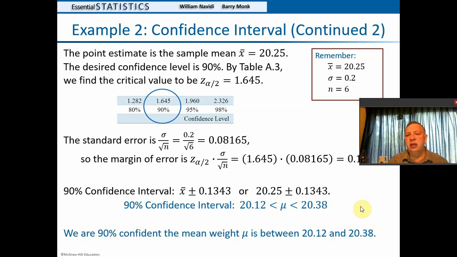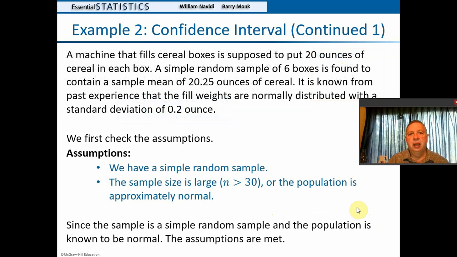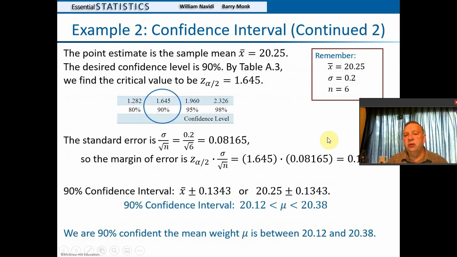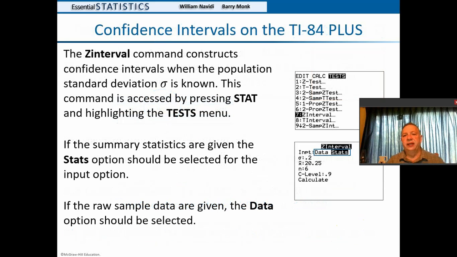Now notice, it's supposed to put 20 ounces of cereal in each box. So we've got here between 20.12 and 20.38, so it looks to be a little over 20 ounces at that confidence level.